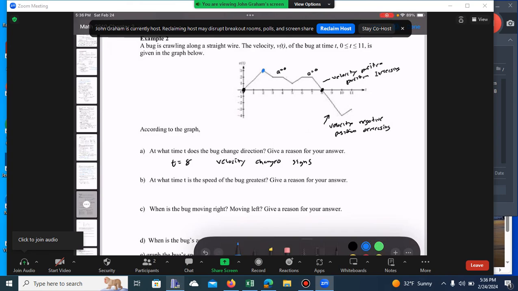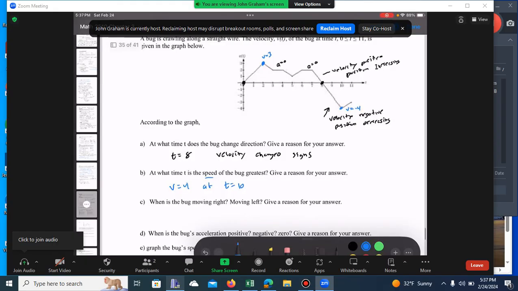Velocity equals 3. Bottom, at 10 seconds, you have velocity of negative 4. So velocity equals negative 4. But it's asking for speed, and we take the absolute value. So speed equals 4. Speed at t equals 10.